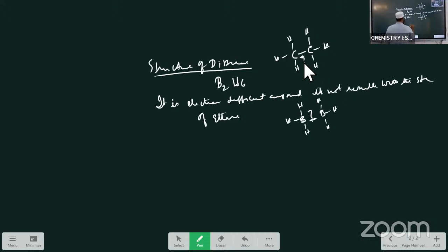Now next, NMR spectra and other spectral studies show that among the 6 hydrogens, first write this: diborane is the planar molecule. NMR spectral study shows that diborane is the planar molecule; among 6 hydrogens, 4 belong to one group and 2 belong to the other group.